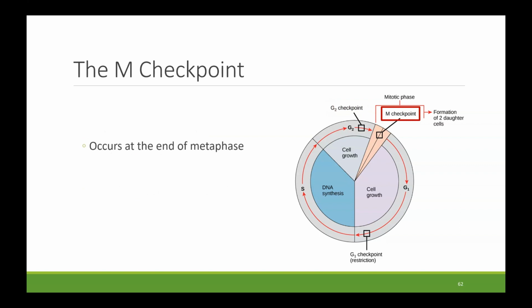And when the cell gets to the end of metaphase, which remember, metaphase is the step where all of the chromosomes are lined up at the equator of the cell. They're sitting there, they're waiting to be pulled apart. At that point, the cell will ask, are all of the sister chromatids correctly attached to the spindle fibers?